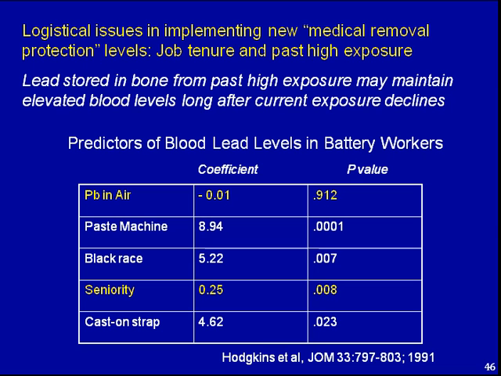And what you can see is that these various predictors of their blood lead level include their seniority or how long they had been working, but it did not include the measurement of lead in the air of the factory in 1985. It suggested that their blood lead was more influenced by their past lead exposure than their current exposure.